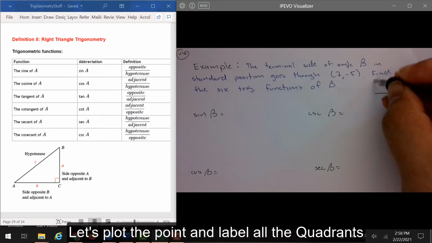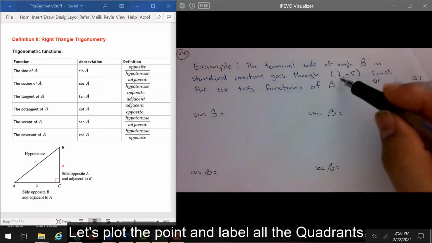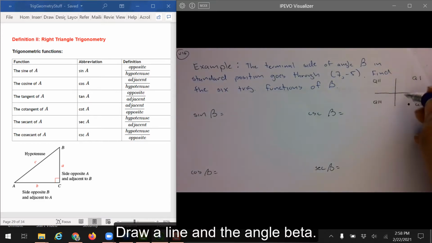Let's plot the point and label all the quadrants. Draw a line and the angle beta.